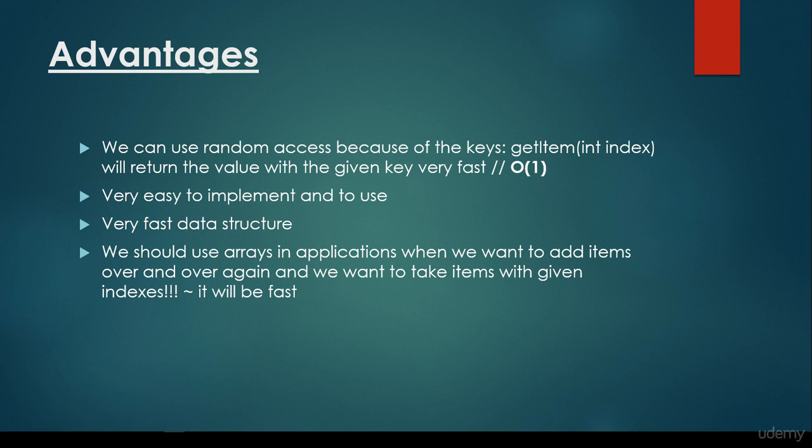It is very easy to implement and use arrays, and it is a very fast data structure. We should use arrays in applications where we want to add items over and over again, and we want to take items with given indices. For these kinds of applications, it's going to be very fast to use arrays as the underlying data structures.